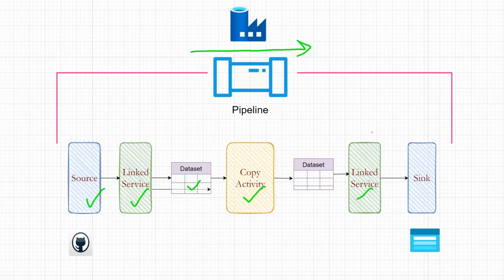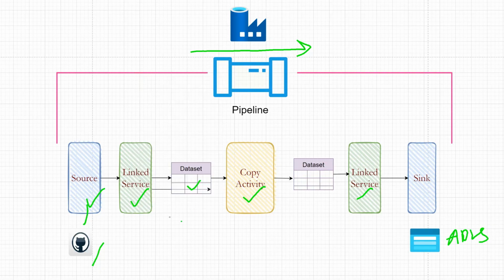In our case, the source is the GitHub account and the destination is the bronze layer in ADLS. This GitHub account is the source. It basically acts as the origin of the data which you want to process. In our case, it's a repository which contains the data files which we want to pull into our Azure Data Factory. Then we have linked service.